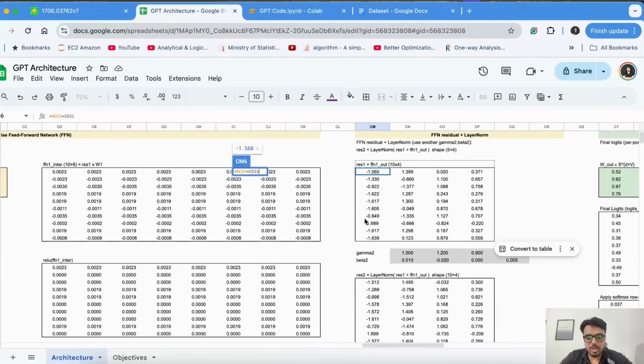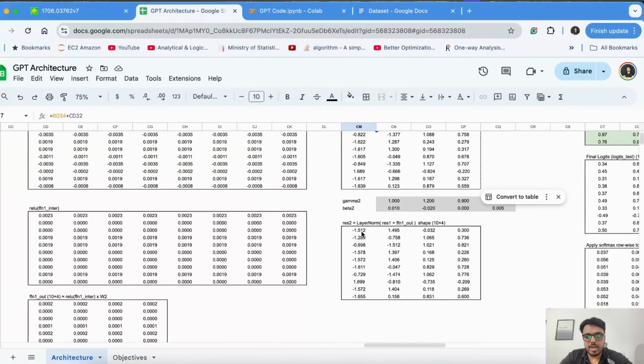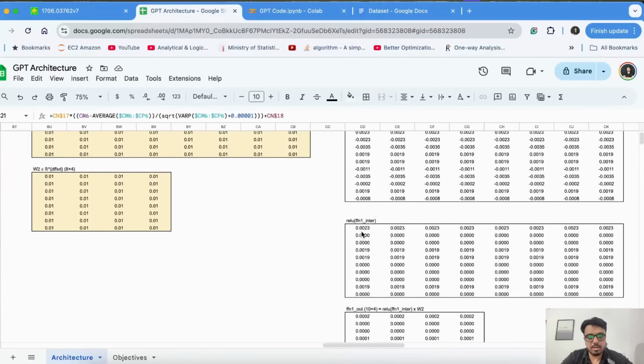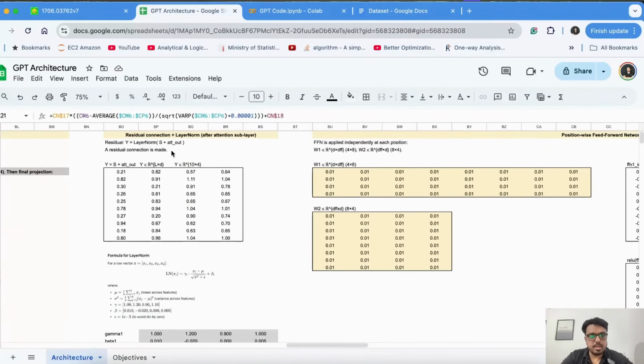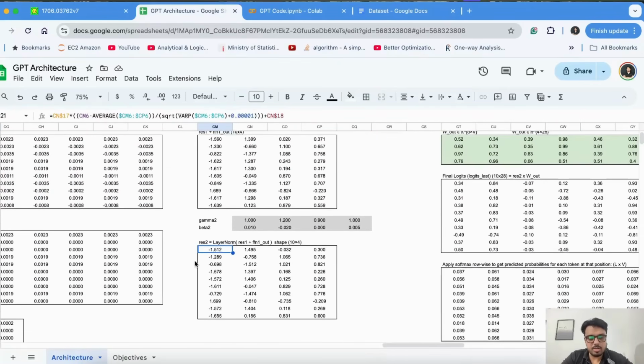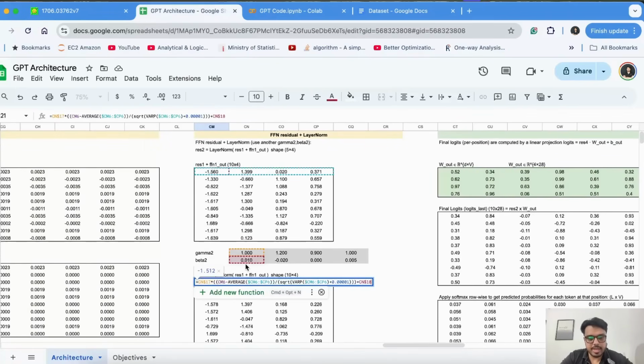That is the residual connection that we are establishing, and we do a layer normalization similar to what we did in the earlier layer. It is again nothing but each element minus the average across that row divided by the variance, and then scaling factor gamma and bias beta applied to it.